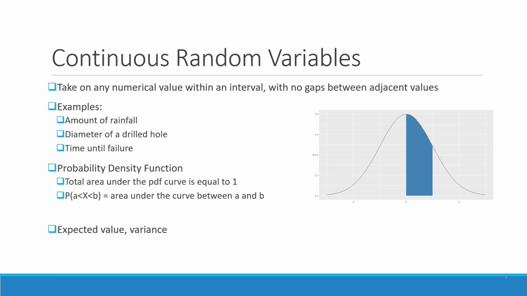And if you want to calculate the probability of the random variable taking on values between A and B, then all we have to do is calculate the area under the curve between A and B, right? So the shaded region is the area under the curve there.